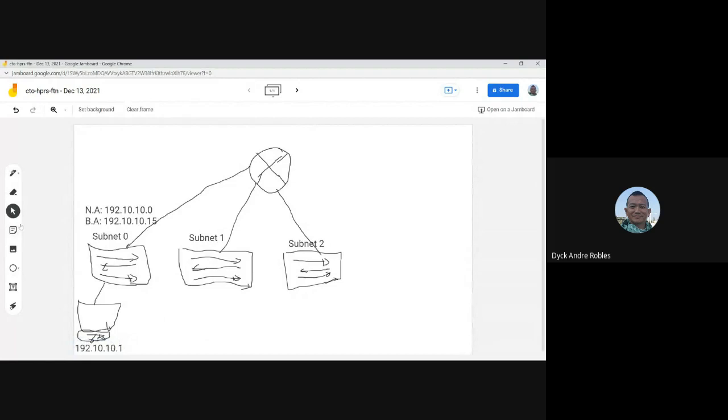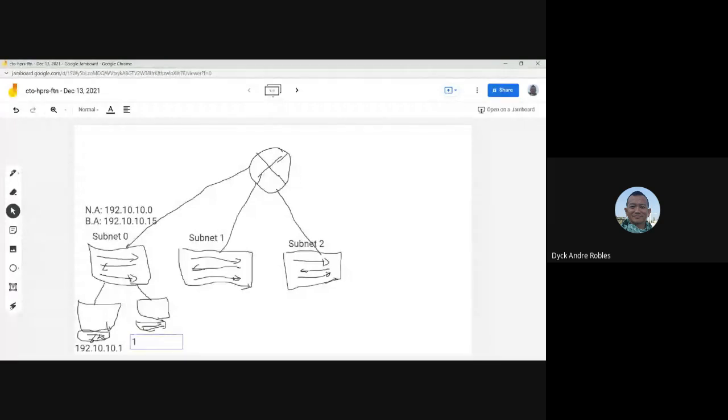Okay? So another PC here to symbolize the last usable IP. So what is the last usable IP in its range? I said in the problem there are 14 usable IPs.